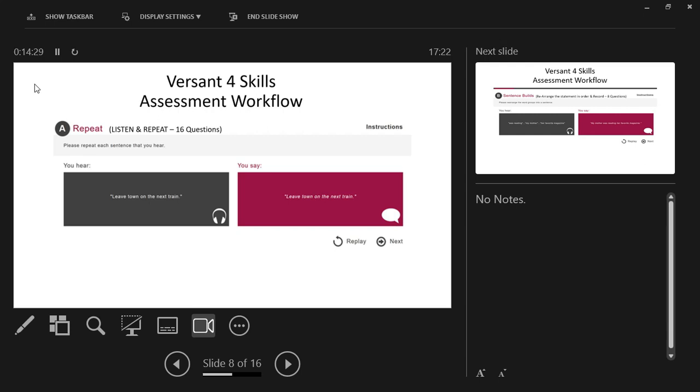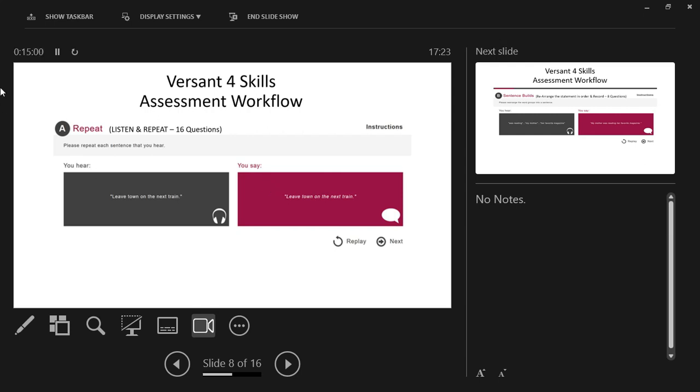The first module in the Versant test is listen and repeat, and you have 16 questions here. If you see the instruction, please repeat each sentence that you hear. So you play a sound file, you hear a sentence, and then you record the sentence you have heard.